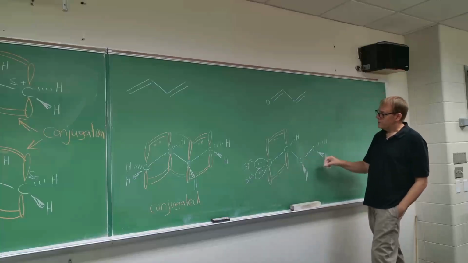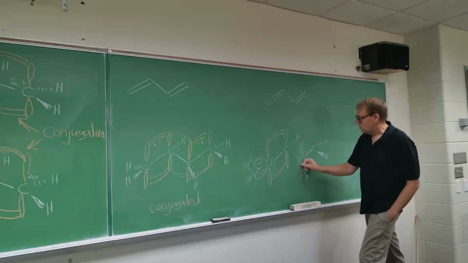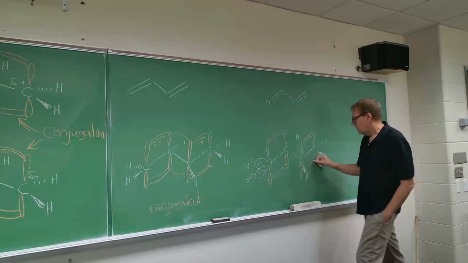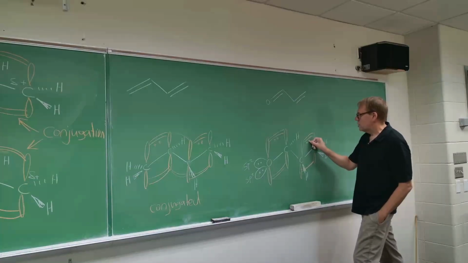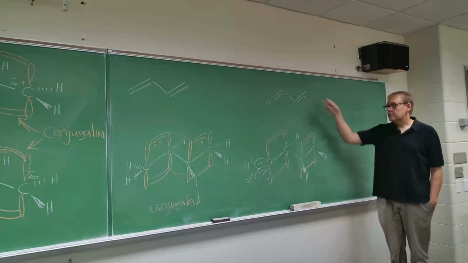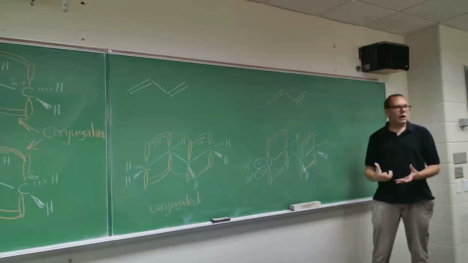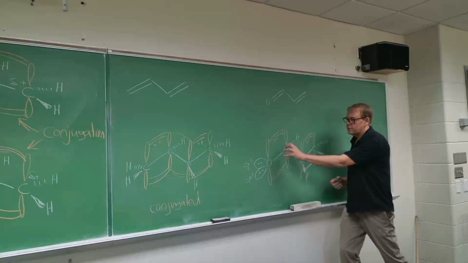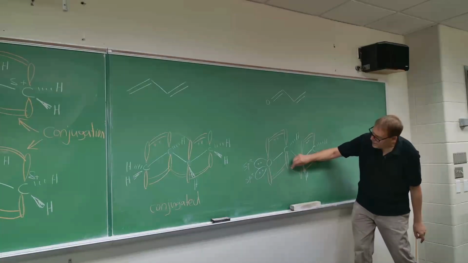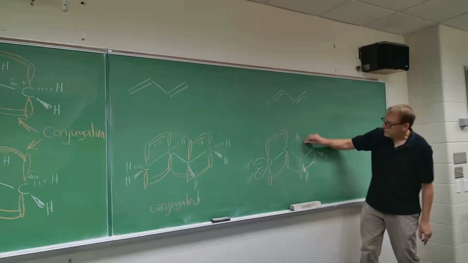And then over on the right side of the molecule, each one of the carbons has a p orbital, and there's overlap there. And there's a pair of electrons that's shared in that overlapping space by the p orbitals, and that's the carbon-carbon double bond. But what I'm going to tell you now is that it isn't like these are stuck over here and these are stuck over here, because they're close enough that they overlap in the middle, and the electrons can be shared through the system.